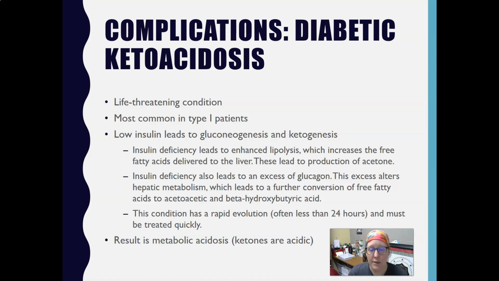Again, this develops really quickly, often in less than 24 hours, and has to be treated really quickly. All of these acids being dumped into circulation leads to metabolic acidosis because ketones are acidic. So you would expect a low pH with a low bicarb. This is a metabolic acidosis.